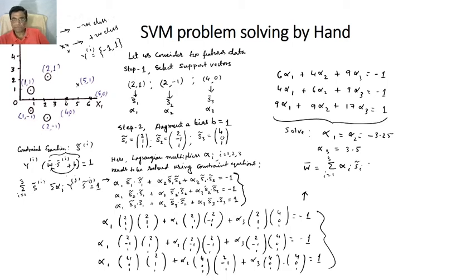So you are getting alpha 1 (2, 1, 1) plus alpha 2 (2, -1, 1) plus alpha 3 (4, 0, 1). Putting these values, you will get something like (1, 0, -3).